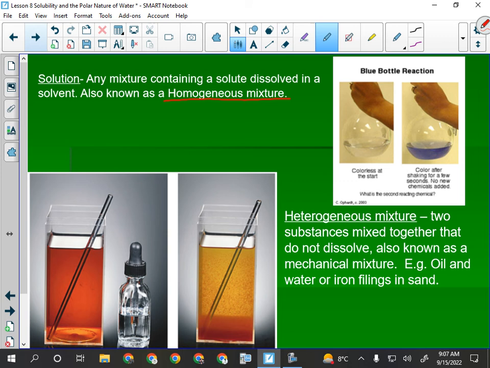What's the only way to separate the parts of a homogeneous mixture? Let's say we dissolve salt in water. I'd have to use one of their physical properties to separate them. In fact, I'd probably have to change the state of the solvent, in this case water, boil it off, and I'd be left with the salts. The salts don't go with it.